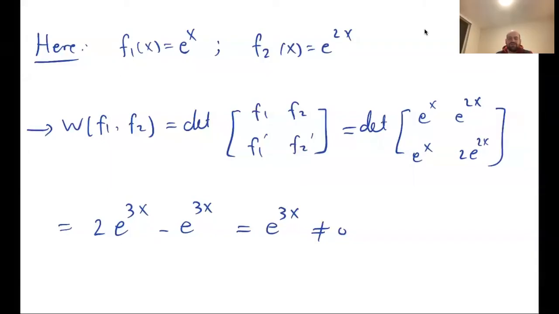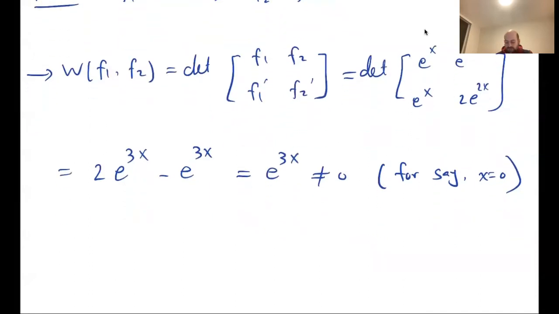But as we said, even if it's not 0 for just one value of x, that's enough for us in order to be able to conclude that the functions are linearly independent. So this is not equal to 0 for, say, x equals 0, because at x equals 0, e to the power 0 is 1, which is not 0. e to the power 3x will be 1, which is not 0.